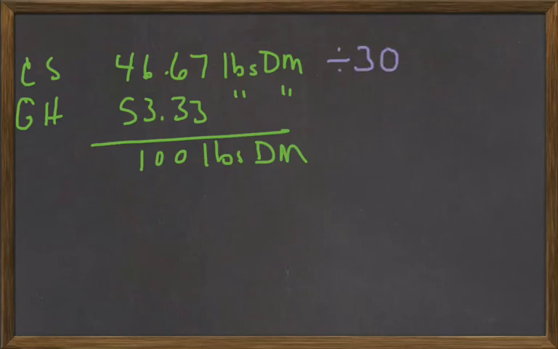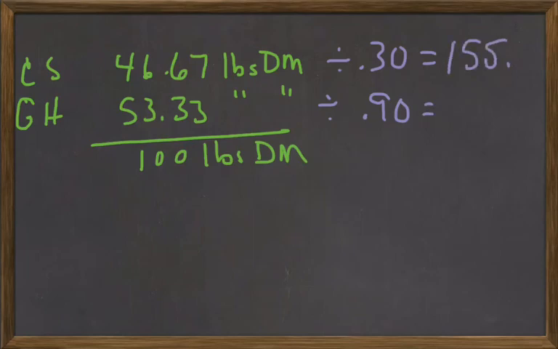If you look up in the feed composition data, you find that the corn silage is 30% dry matter and the grass hay is 90%. So if we divide both of these by those two numbers, we need 155.57.